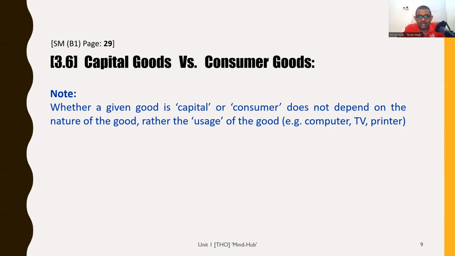An aircraft, of course, there are private jets. A large ship, there are private yachts, super yachts. But generally, things like trains tend to be capital goods. They will not be consumed.